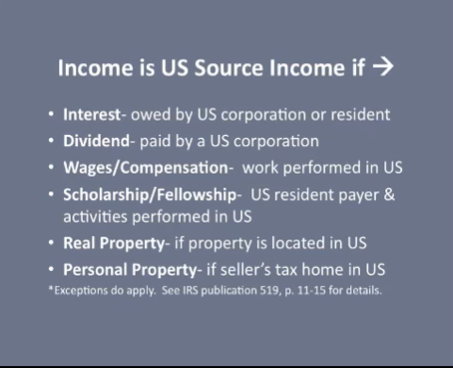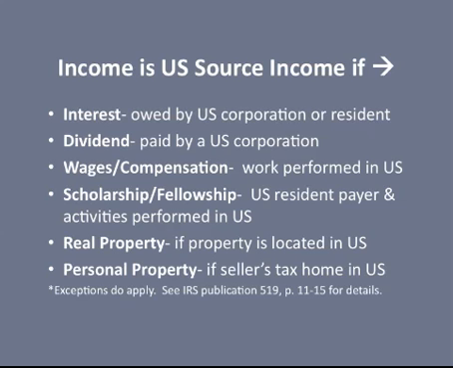Scholarship and fellowship funds are considered U.S. source income if the payer is a U.S. resident. Now, the payer may not be the same individual or institution that distributes the money. Also note that international organizations that fall under the International Organization Immunities Act are considered foreign income payers.